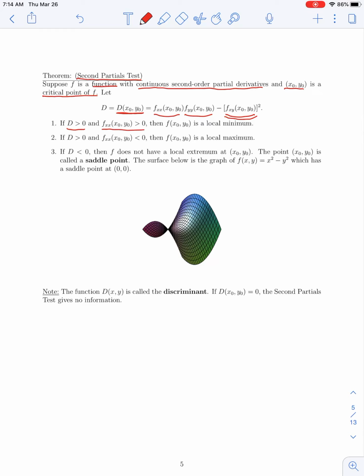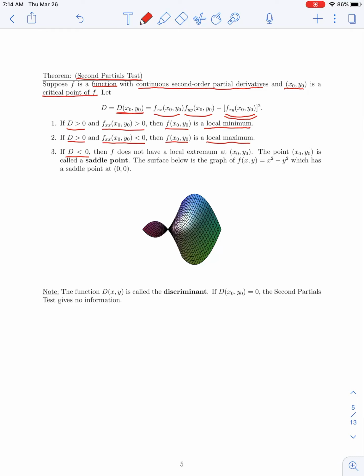Our first case is if this value of D is positive and the second derivative of f, where both derivatives are taken with respect to x, is positive at our critical point, then the value of our function at that critical point is a local minimum. And if D is positive and this second order partial derivative with respect to x at our critical point is negative, then our function f has a local maximum at that critical point.